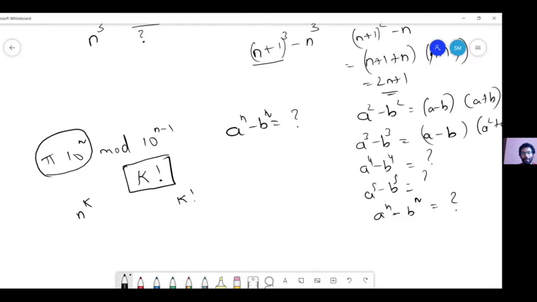So here, if you start with n power k, and if you look at the first order difference, second order difference, and so on, the kth order difference would be k factorial. This is what our observation is.